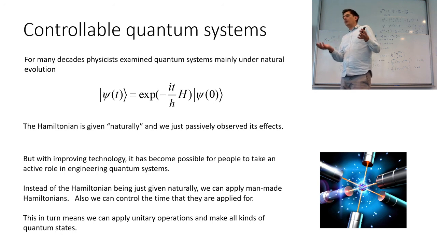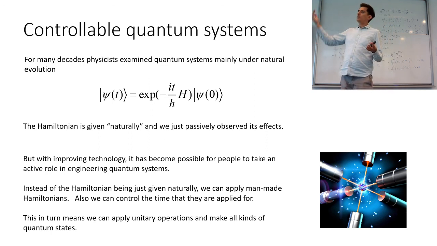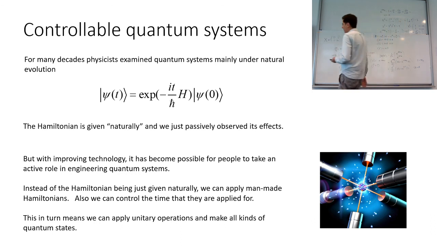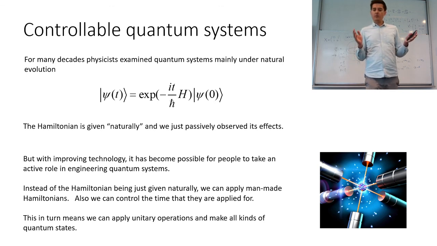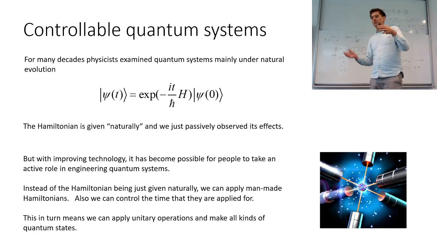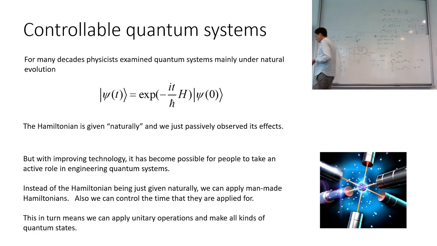You consider the hydrogen atom, and you say the energy levels of a hydrogen atom are this and this and this, and we can calculate it, and then we go to the lab, look at a hydrogen atom and say, it matches exactly, great. It's gone from that situation to saying, actually, if we shoot this laser and apply this field and do all this, then we can make this Hamiltonian, and we can control our state in the way that we would like.